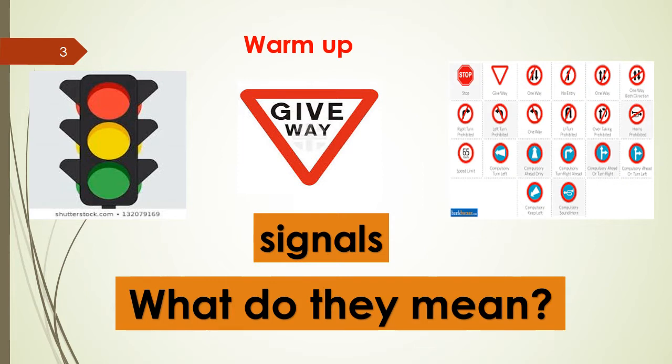If you see one, you have to follow what's written on the signal. So this is just to help each other without talking. If you see this one, you understand and you know what you are going to do or what it is talking about.